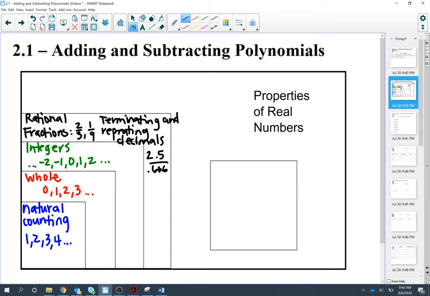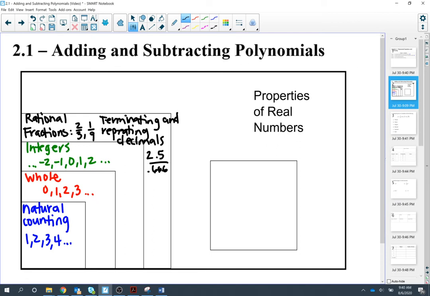So 2/3 is 0.666 repeating, 1/3 is 0.333 repeating. You could also have something like 0.325, 325, 325, and so on. Anything that's going to be repeating is going to be a rational number. So we started small with our counting, we got a little bigger to our rational. Now if I go outside of that box into the next box, well, that's the whole box.